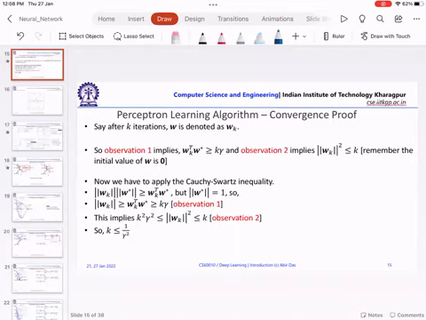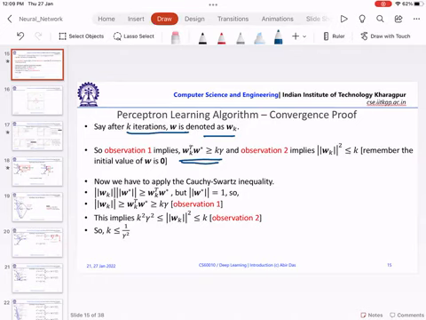Observation 1 implies that with each update, the inner product increases by at least gamma. Say after k iterations, W is denoted by WK, starting with W equal to 0. So WK transpose W star is at least k gamma, because every time it has increased by at least gamma.